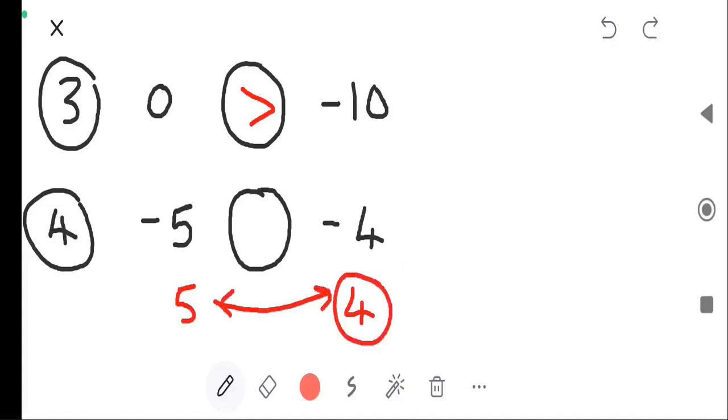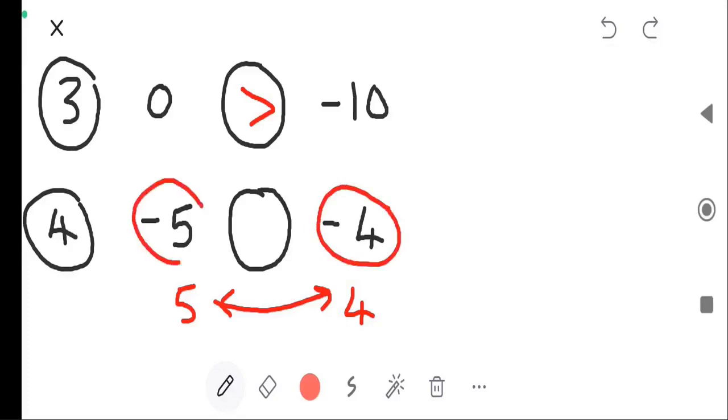For negative integers, the one with the smaller digit is the bigger one. That means that minus 4 is a negative integer with the smaller digit, so minus 4 is greater than minus 5. Okay? It also means that minus 5 is less than minus 4.